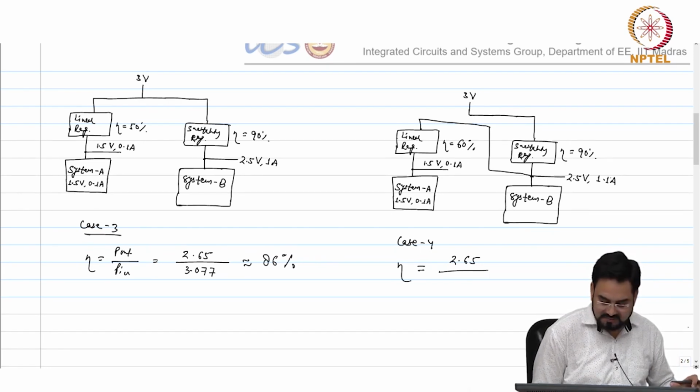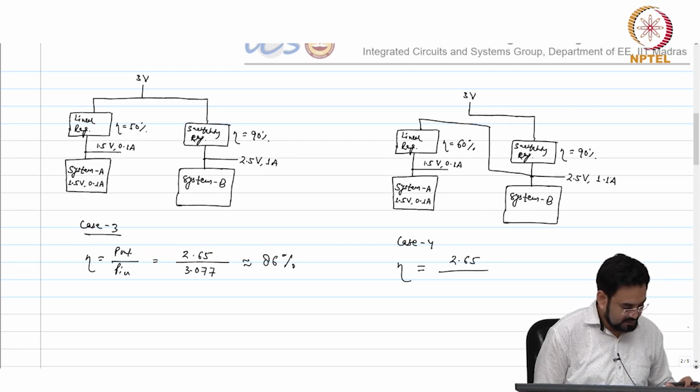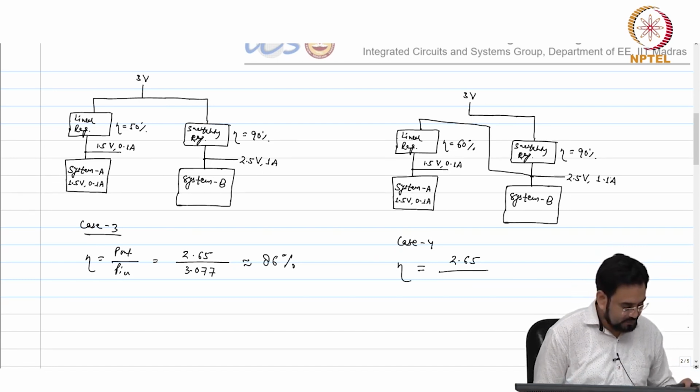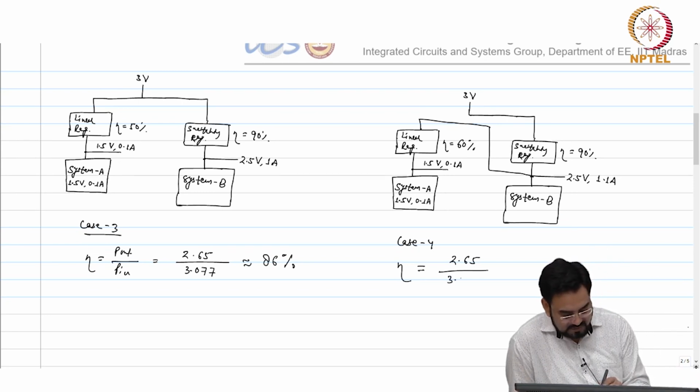So this will become 2.5 multiplied by 1.1, 2.75. 2.75 multiplied by 0.11 is 0.305 loss, and here we are losing 0.305 plus 0.1, so 0.4. The input power is roughly 3.05.